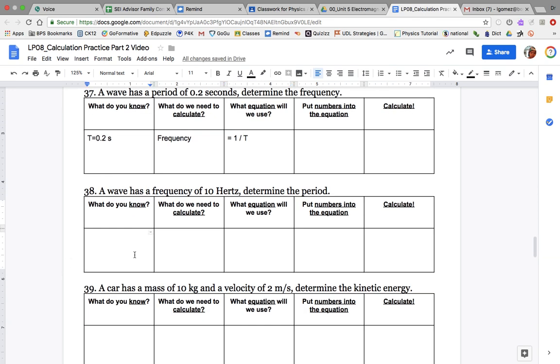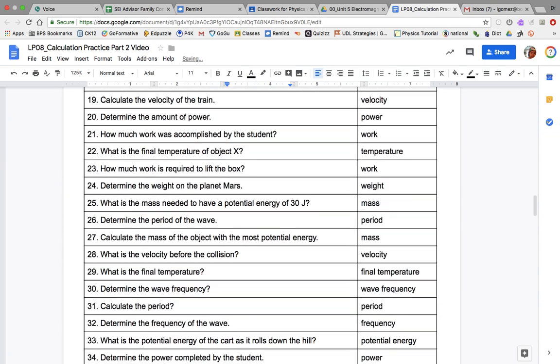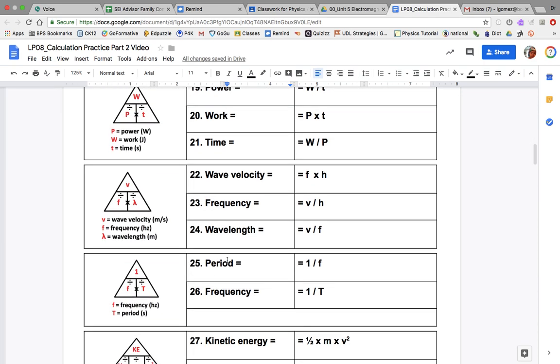Okay, and now this is the opposite of that calculation. So what do we know? We have a frequency of 10 hertz. What do we need to calculate? Period. And for period, we go up. Period is 1 divided by the frequency. What is F?